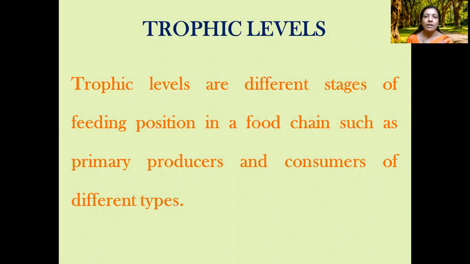For example, at one of the trophic levels, you will find only primary producers, that is, those organisms which can produce their own food. At another trophic level, you will find consumers. So consumers will be all the organisms who depend on the plants and other animals for food. In this way, each trophic level will consist of living organisms of the same type.